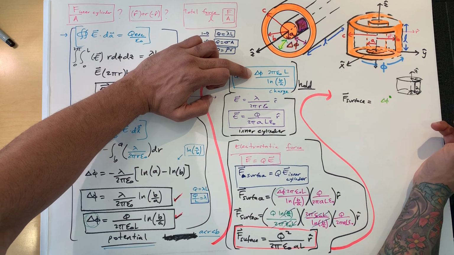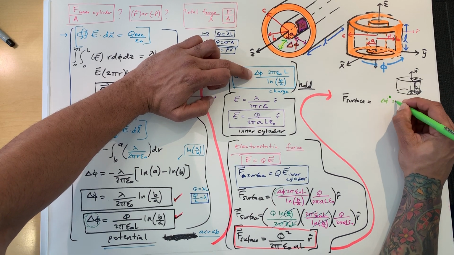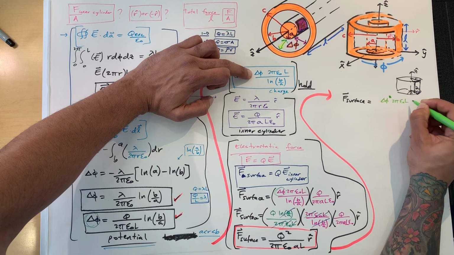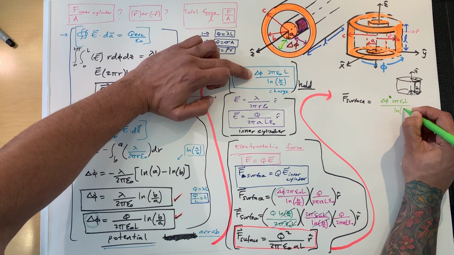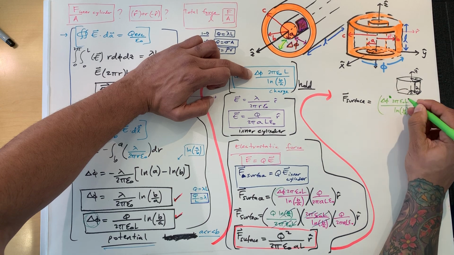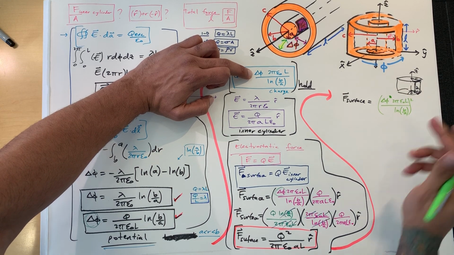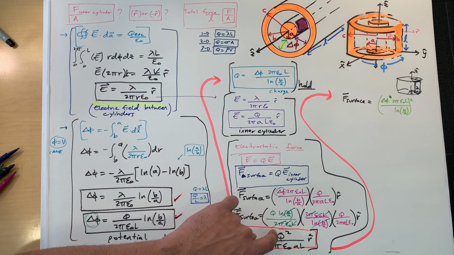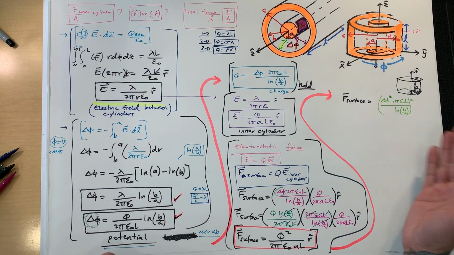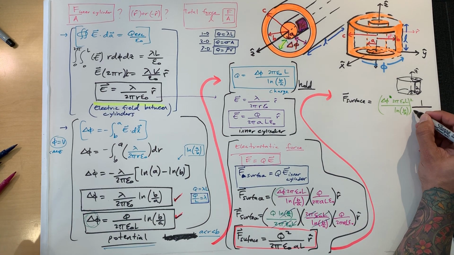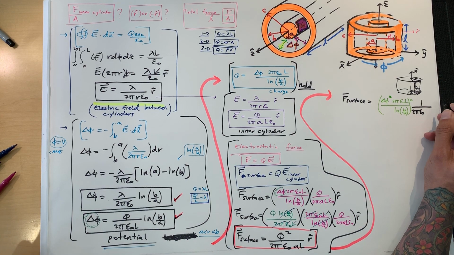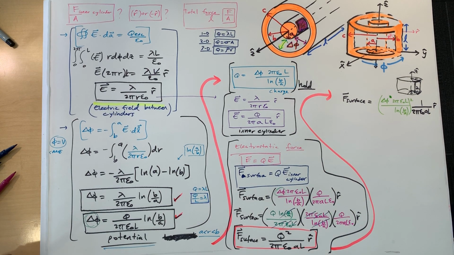So let's do this, right? 2 pi epsilon naught L over ln of b over a, and all of that is squared, right? Because that's what we have here. And then on the outside, let's just move this bottom piece over. We're gonna have 1 over 2 pi epsilon naught AL, and that's in the radial direction.